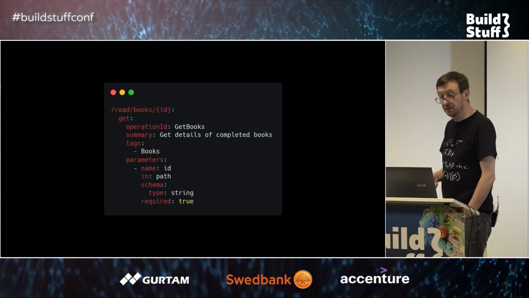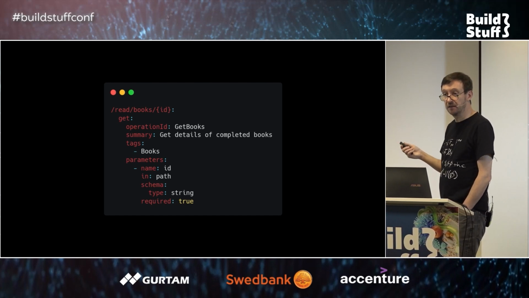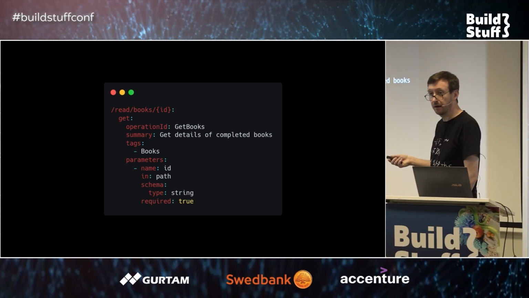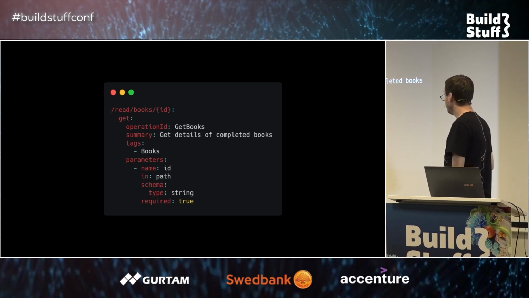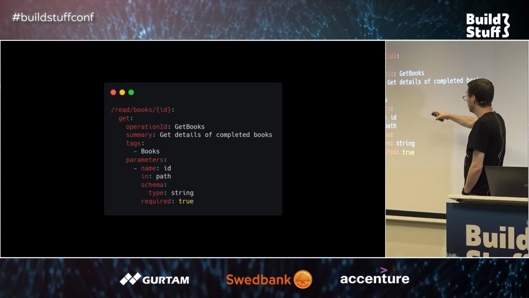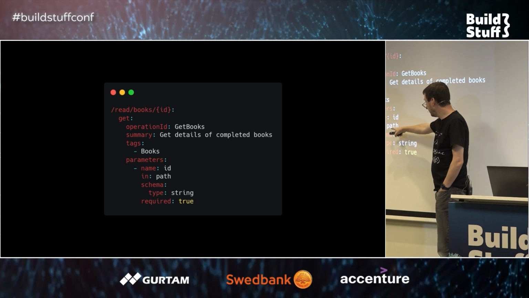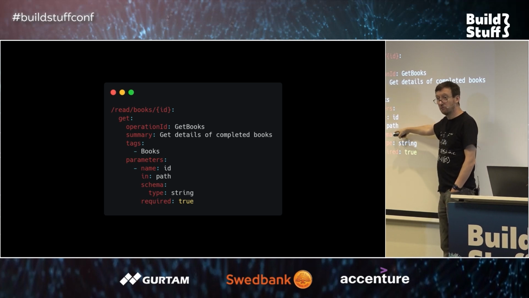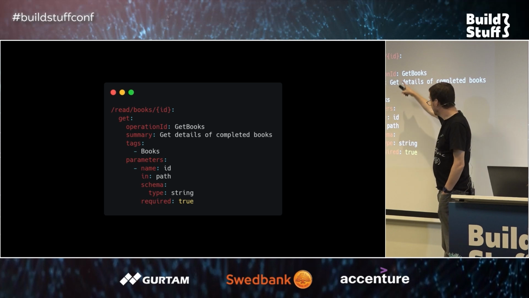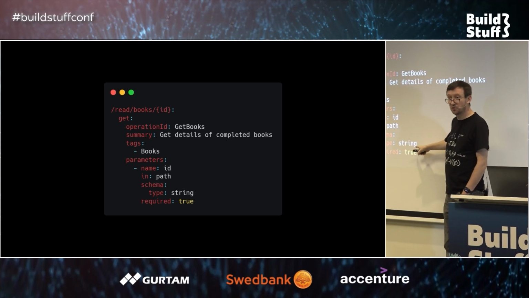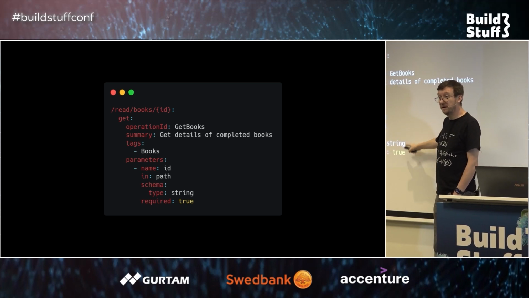We have parameters, and parameters look exactly like they do in our app.Map or our controller HTTP GET attribute. So we say there is an ID parameter, and it's in the path, and you can also say it's in the query or in headers. And we can have a schema for the parameter, so we can say the type is string, or you can say the type is number.